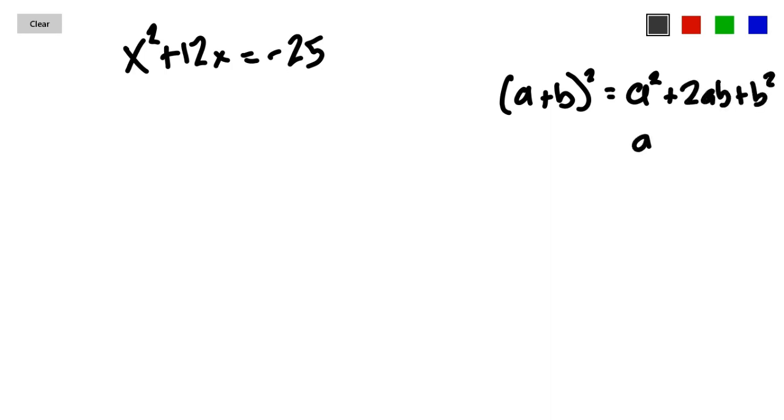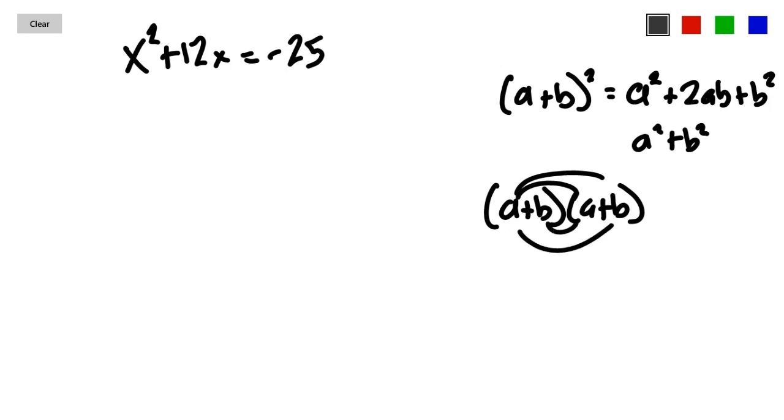It's not equal to a squared plus b squared. It doesn't distribute this way because what I'm really saying is I have a plus b times a plus b, and this is a FOIL. So if I FOIL this out, I'm going to end up getting a squared plus ab plus ab plus b squared. And that simplifies to this equation right here.